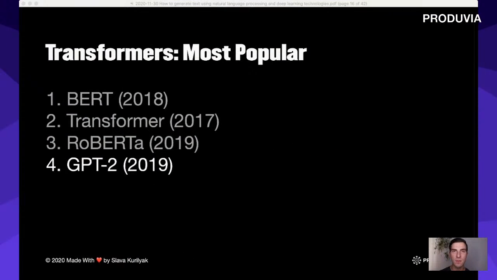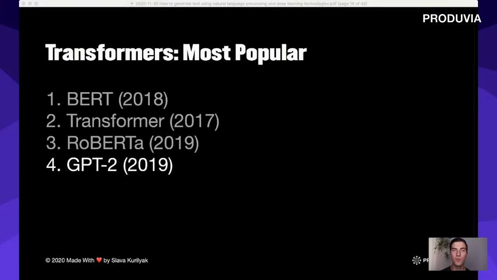GPT-2 was a model that was released in the open source, and this had profound implications, because for the first time it was able to generate very real, very accurate language. And what I mean by real or accurate is, imagine looking at a text that is indistinguishable from what is written by a person.